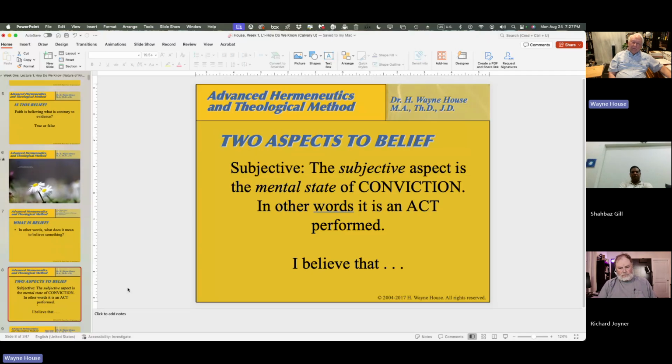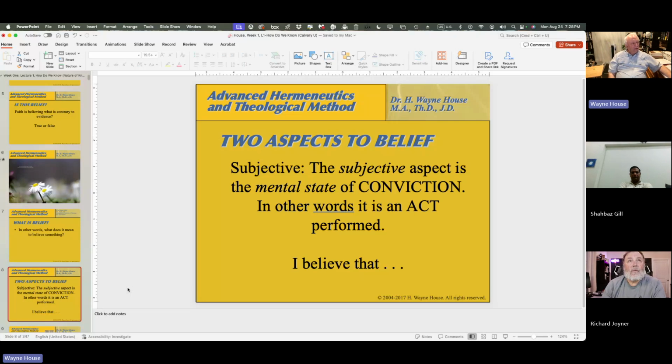I believe something. It's not wrong to say I believe, because every single person on the face of the earth believes something. So it's not something to get away from, but it's a subjective action of the mental state. It's part of what we're going to call knowledge and faith and something else.